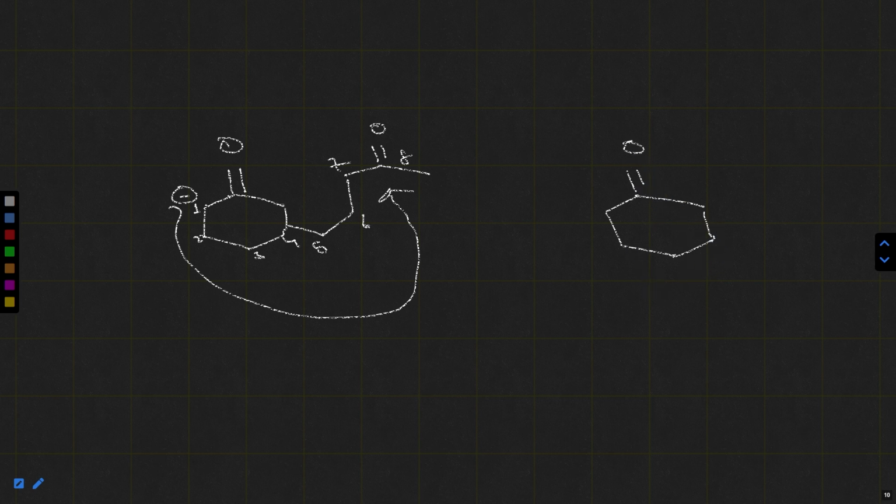So 4 is from here, 1, 2, 3, 4. Now 5, 6, 7, 8. 4 carbons are to be drawn. 1, 2, 3, 4. So it would result in this kind of product.